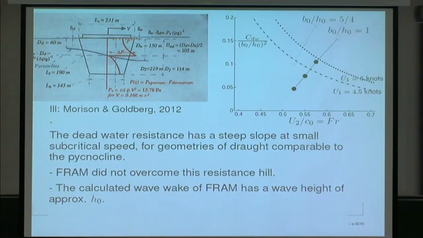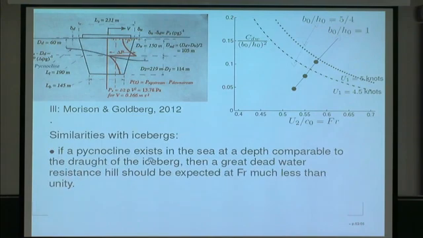The calculated wave wake of FRAM has a wave height of approximately h0. So, similarities with the icebergs. If a pycnocline exists in the sea at a depth comparable to the draft of the iceberg, then you would expect a great dead water resistance hill at small Froude number, much less than unity.